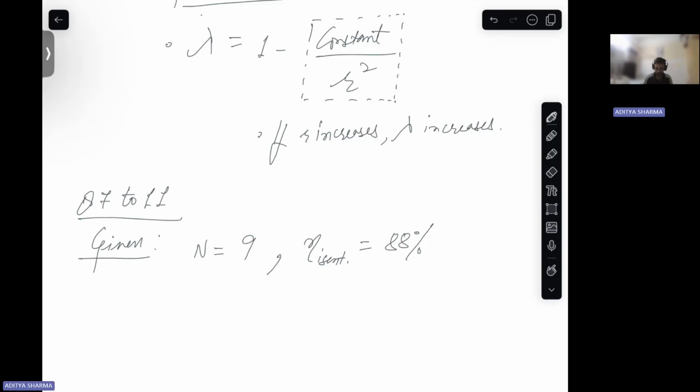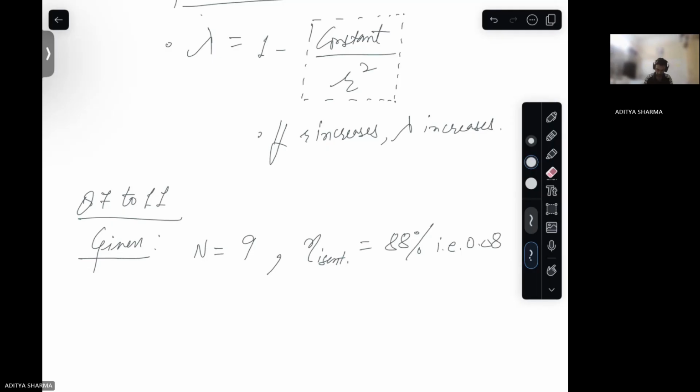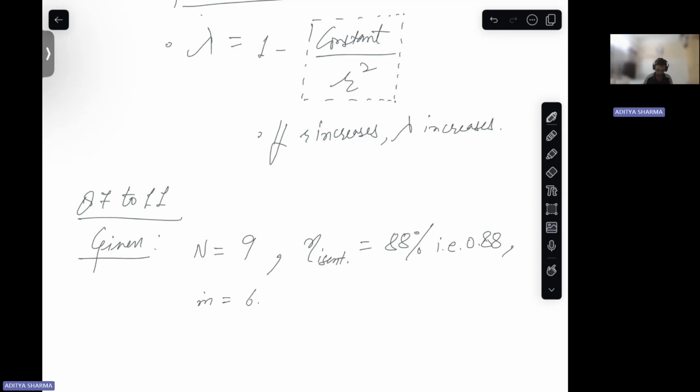So this is 88%, that is 0.88. Then mass flow rate is also given, 6.4.